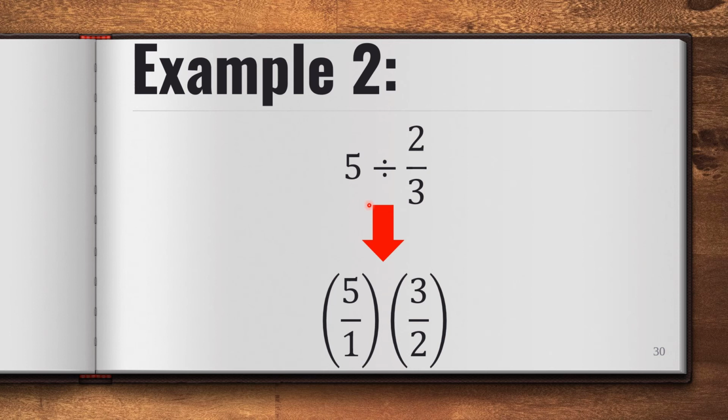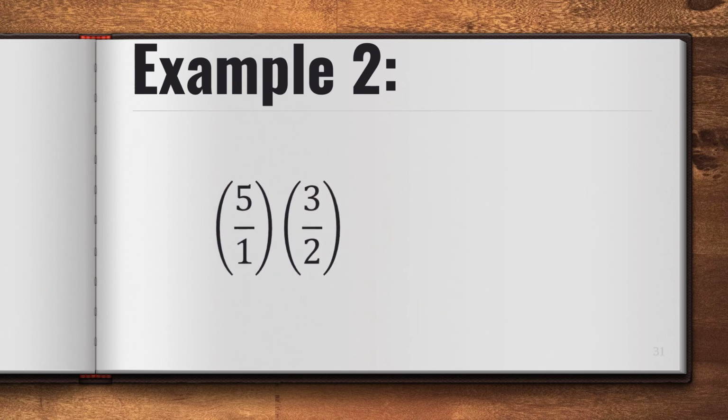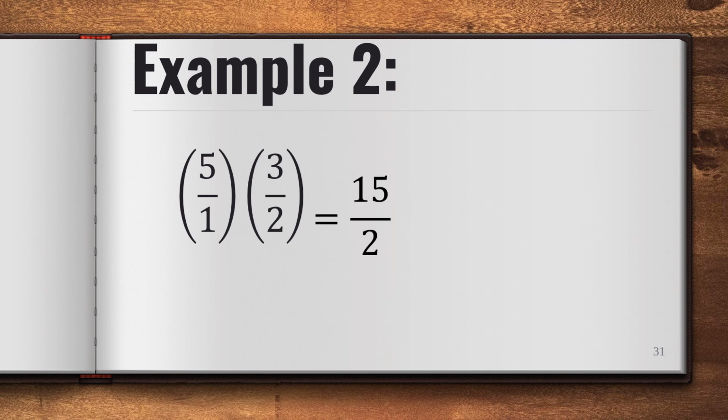Okay, so we have 5, we will write it as 5/1 times the reciprocal of 2/3, which is 3/2. We will interchange the numerator and the denominator, always of the second number, the divisor. The dividend will always be copied. Then after that, we will apply numerator times numerator and denominator times denominator.